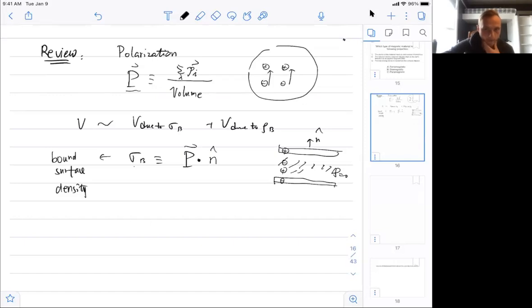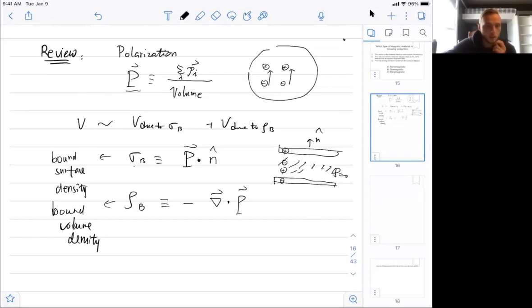We also talked about how, if your polarization is no longer uniform, you will have volume bound charges, and these are defined to be the negative divergence of your polarization. So these are the bound volume density. Okay.